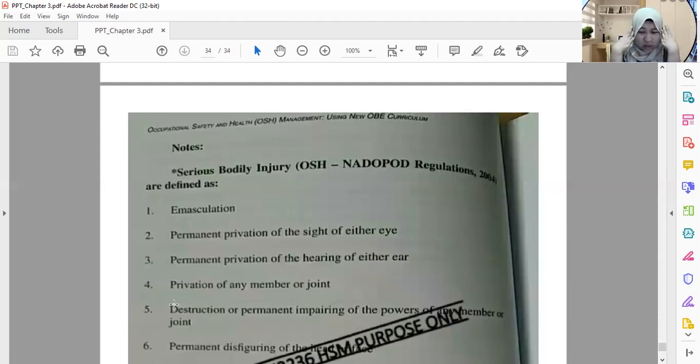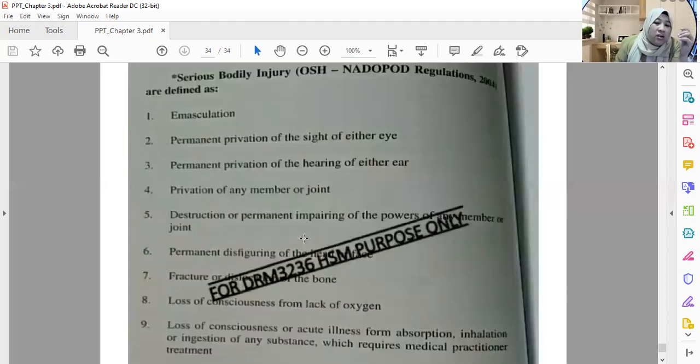If not, there will be difficulties in hearing. And privation of any member or joint, and destruction or permanent impairing of the power of any member or joint, and permanent disfiguring of the head and face.